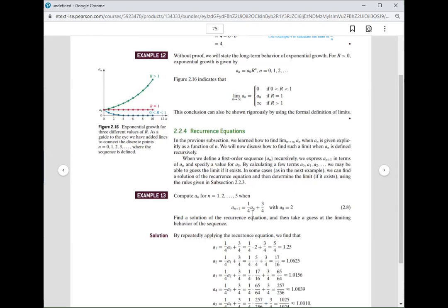So this is an example. We can start with a_n for n equals 0. So a1 equals 1 over 4 times a0 plus 3 over 4, right? What is a0? The a0 is 2, right? So it gives you 1 over 4 times 2, that is 2 over 4, plus 3 over 4, equal to 5 over 4.